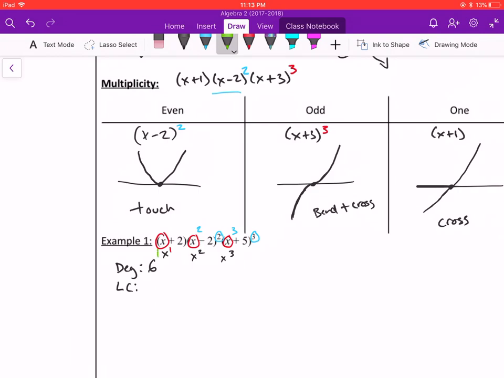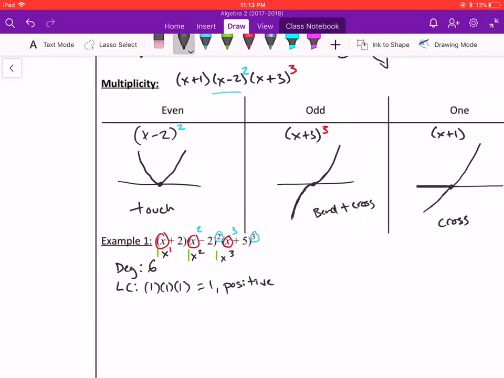Well, you have a 1 here, a 1 here, and a 1 here. This is easy. Like synthetic division, we're used to getting just 1 in front. The leading coefficient of each is 1, and if you multiply 1 times 1 times 1, it's still going to be 1. It's still going to be positive.